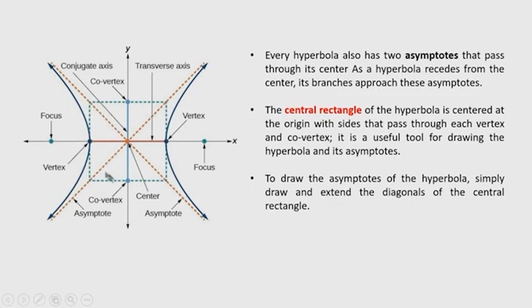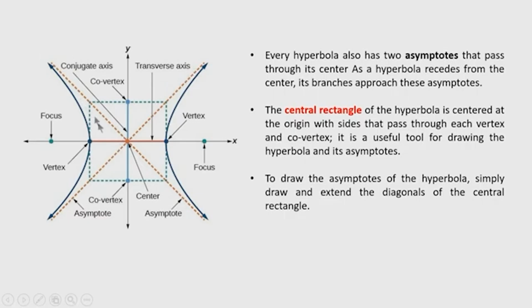So, we get the size of the central rectangle, and the asymptote is diagonal to this central rectangle, that is, it has to pass through the center of the rectangle as well as through the corner of the rectangle.